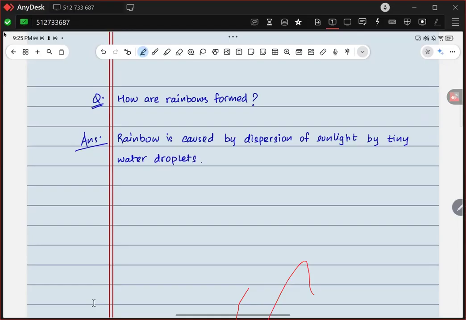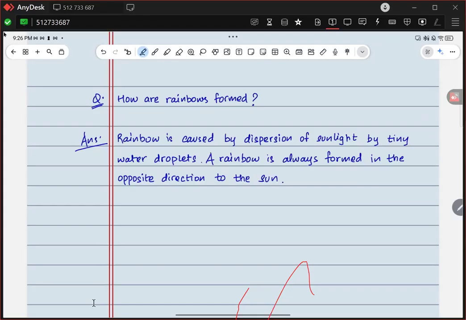Okay, and a rainbow is always formed in the opposite direction to the sun.